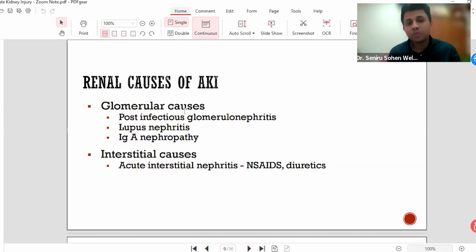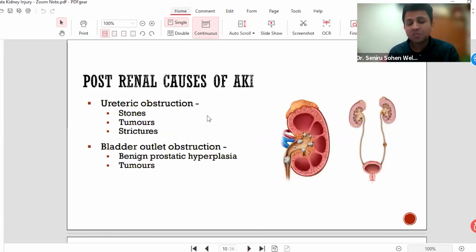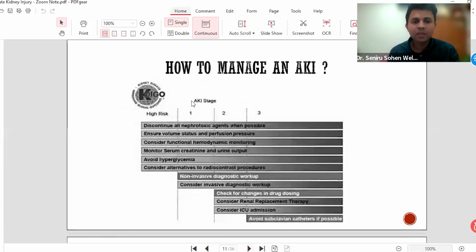Glomerular causes would be nephritic and nephrotic. Nephritic feature most commonly, and interstitial causes would be acute interstitial nephritis, commonly caused as an allergic reaction to drugs. Postrenal would be obstructive causes. It could be stones, strictures, or tumors or benign prostatic hyperplasia.